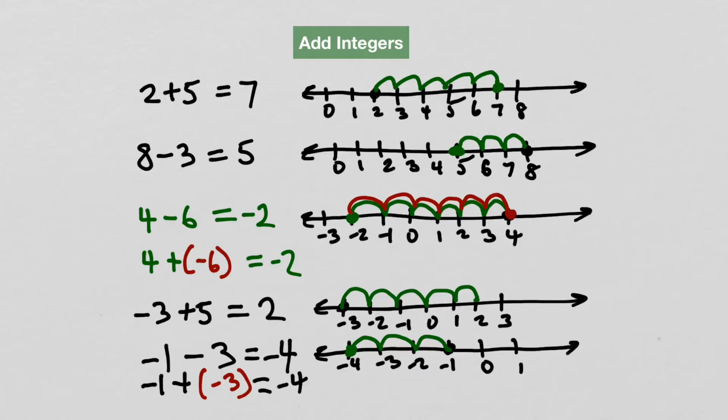So let's look at another example. Let's say we've got 3 terms now. -2 plus -3 plus 8. What does that equal to?